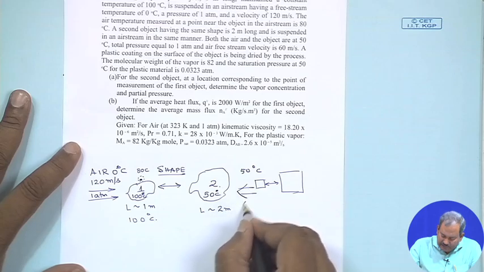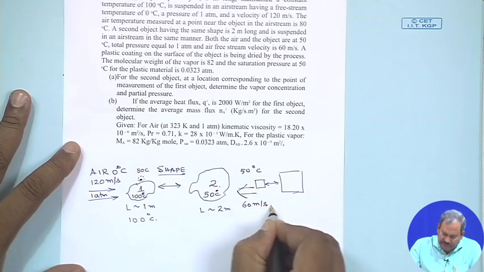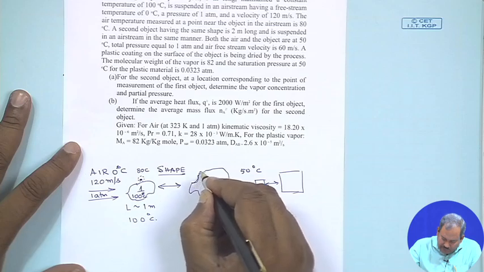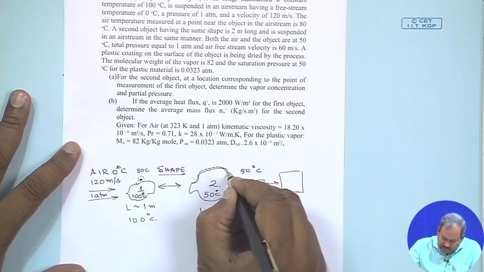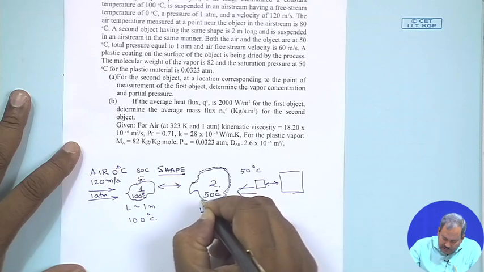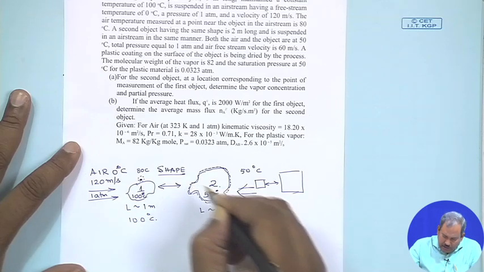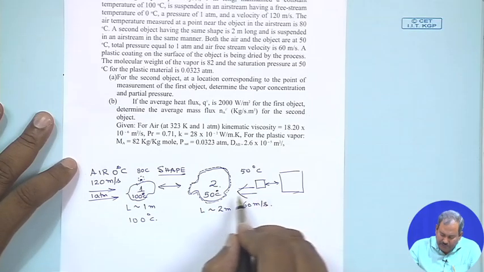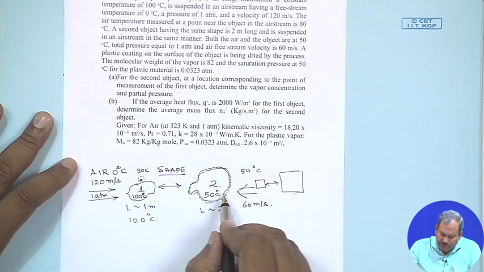The airstream velocity here is 60 meter per second, and there is a thin plastic coating on the surface that you are drying by putting the flow of air on object 2.